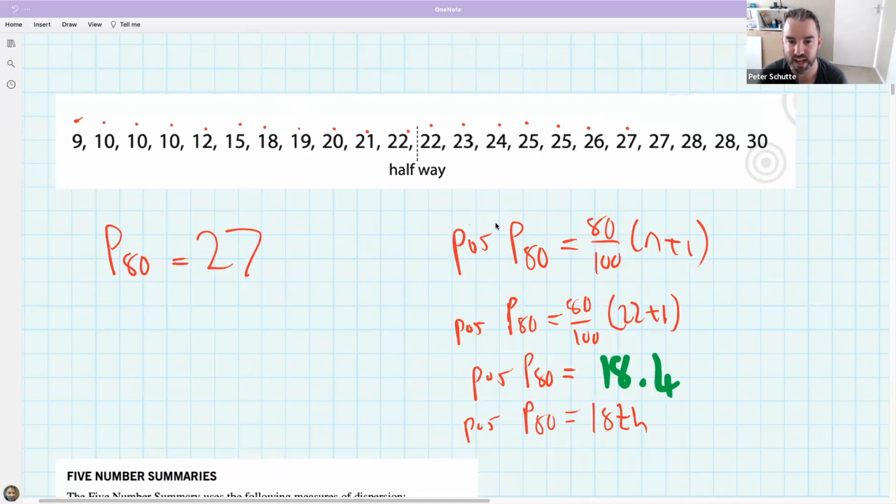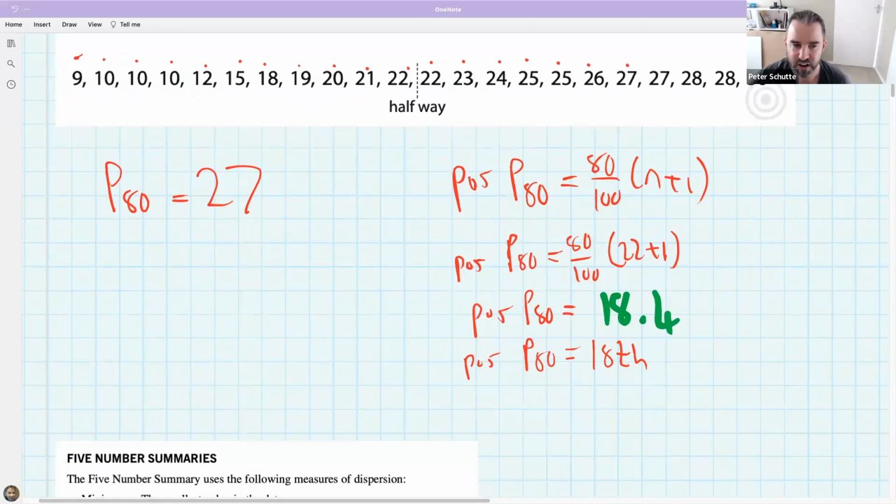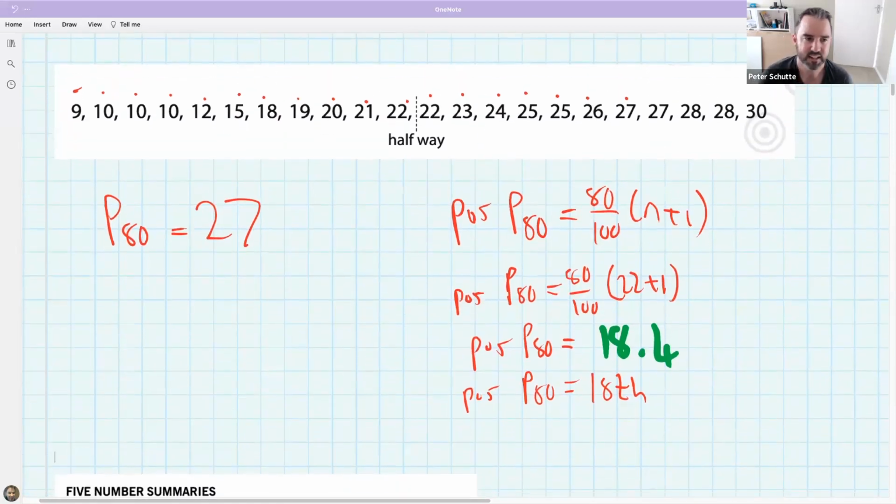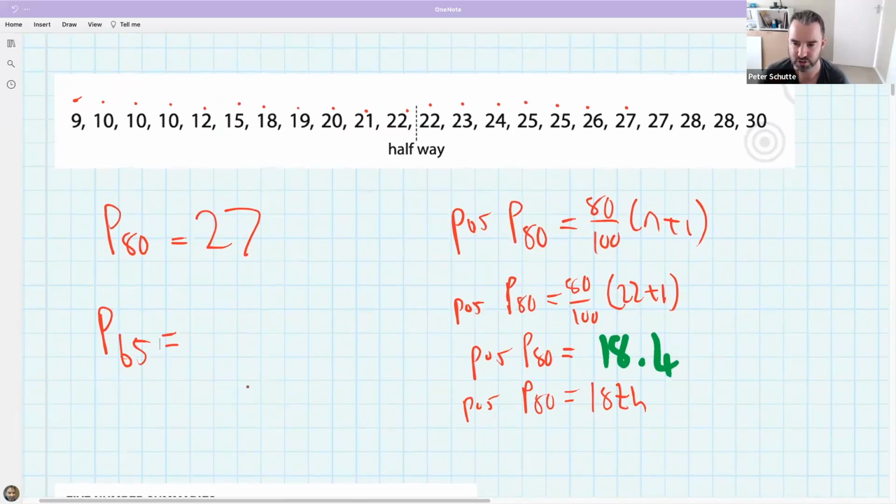I want to give you another question to see if you've really understood it. So if I say to you, find me the 65th percentile, find me P65, I want you to work out what the 65th percentile is for this data set. And while you're doing that, I would encourage you to ask questions.